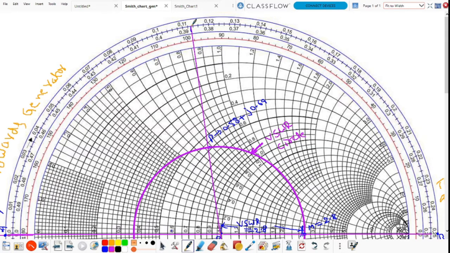That outer circle rim point is considered as P dash. And what is this value approximately? This is 0.11 and this is 0.12. My value is approximately 0.14 lambda.